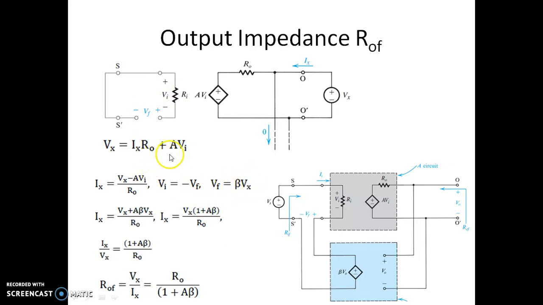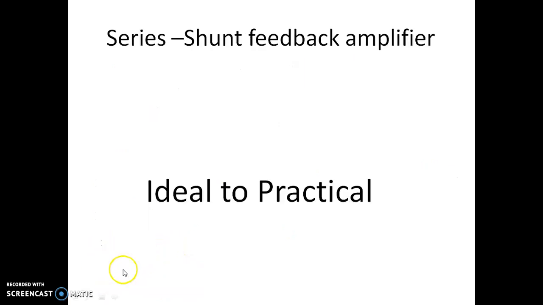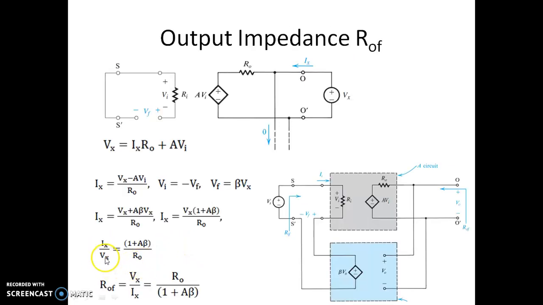By substituting Vi as minus A beta times Vx, I can write the expression for Ix as Vx into 1 plus A beta by R0. By rearranging that, you can write Vx by Ix, which is the resistance looking in at this point with feedback. So the resistance with feedback is R0 by 1 plus A beta.